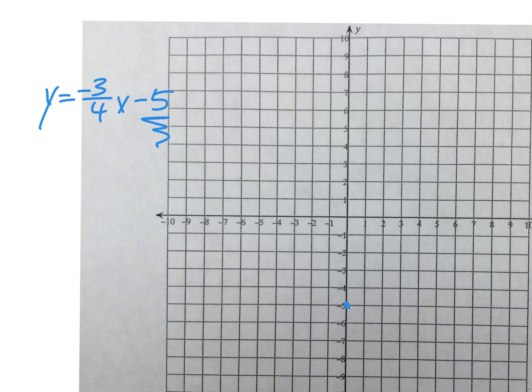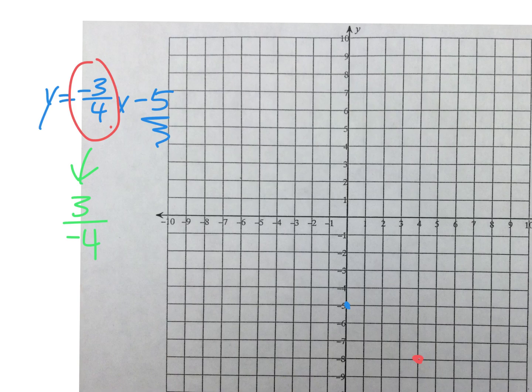Then I use my slope. Now there's two ways you can do this. You can do this as is. So negative 3/4 means I'm going to go down 3 and 4 to the right. Another way I could think of it, I'm going to rewrite this. Negative 3/4 is also 3 over negative 4.